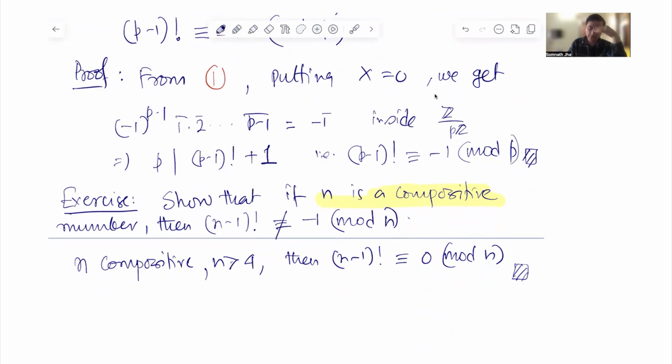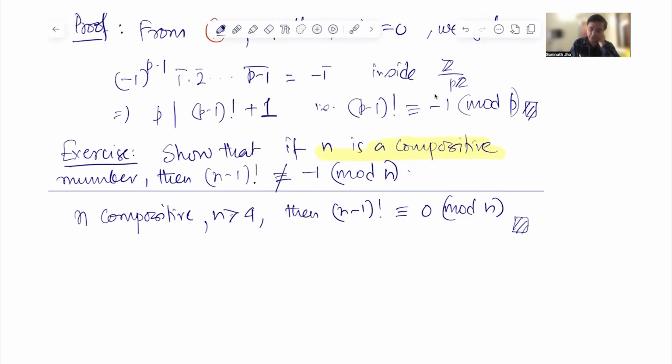There was a small typo here last time, a writing error, so now I'm correcting it. N minus 1 factorial is not equal to minus 1 mod n. And if n is composite and n is greater than 4, then n minus 1 factorial is actually equal to 0 mod n. So n minus 1 factorial is actually divisible by n.